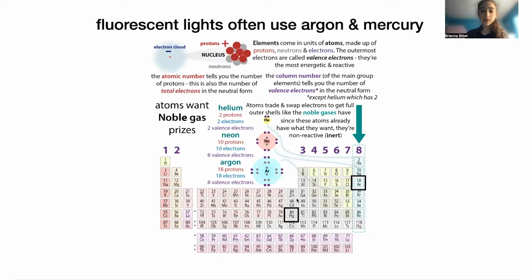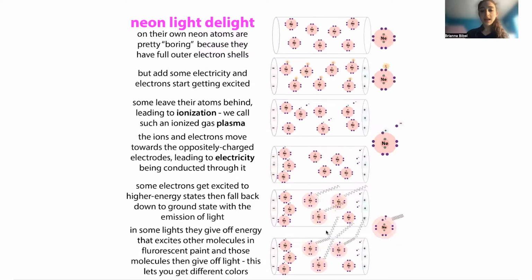And then the mercury is going to help provide the energy to excite the mercury. Here the mercury is luminescing, giving off light that's going to excite the phosphor in the tube, and therefore you'll get the color.